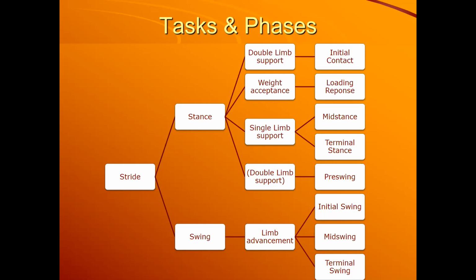Now you might see most of your deviations on your side view, but you'll also see some from your posterior or your anterior view as well. Again, one stride is one complete gait cycle of one leg, and it's made of swing phase and stance phase.